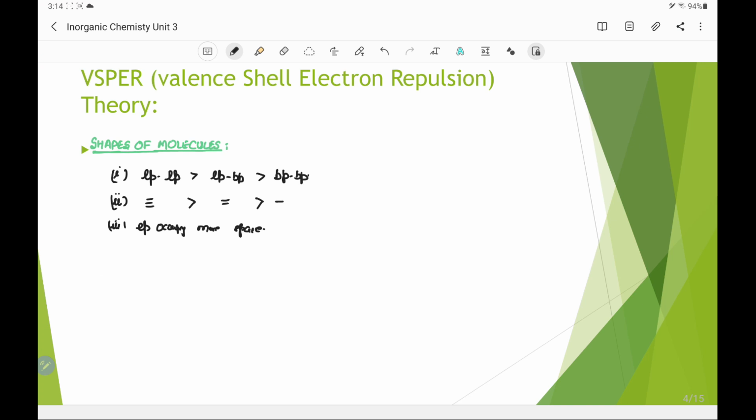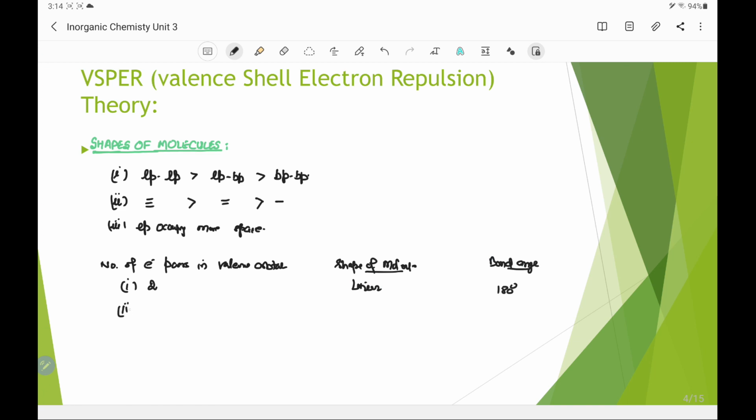Number one, if the number of electron pairs in the valence orbital is, say, 2, then the shape of the molecule will be linear, and the bond angle will be 180 degrees.